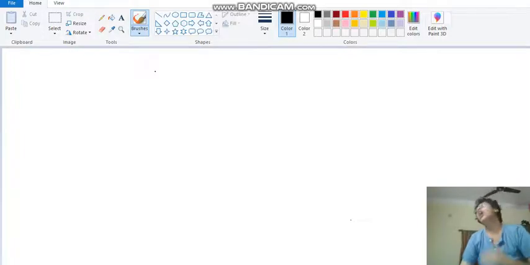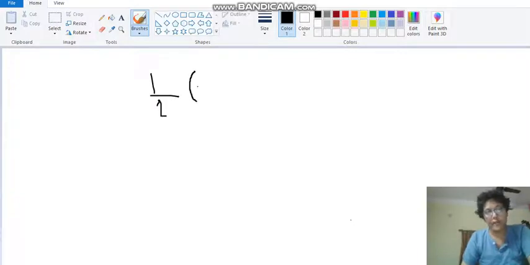The formula of mean squared error is half of y actual value minus predicted value, squared. And the cost function is the same, and here I will use the summation for i equal to 1 to n.